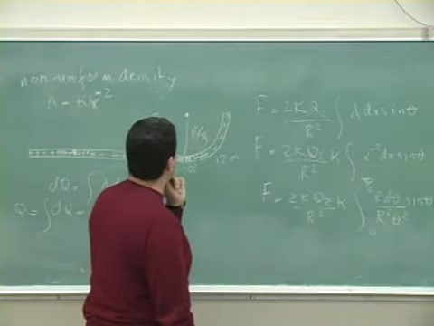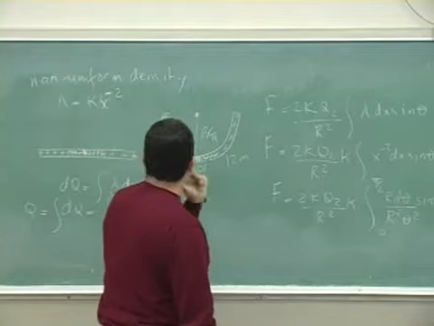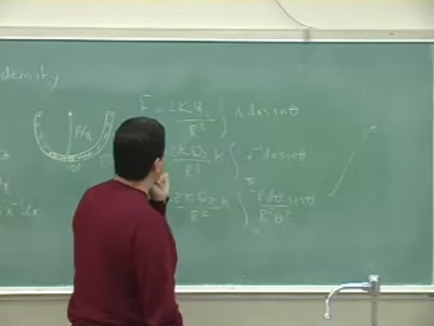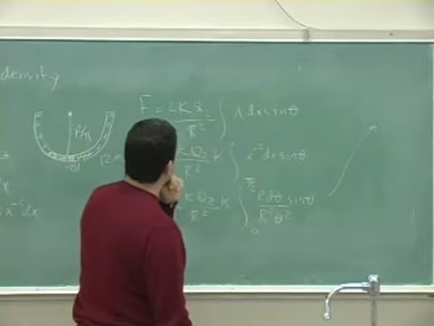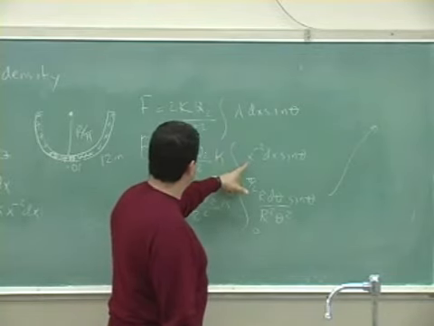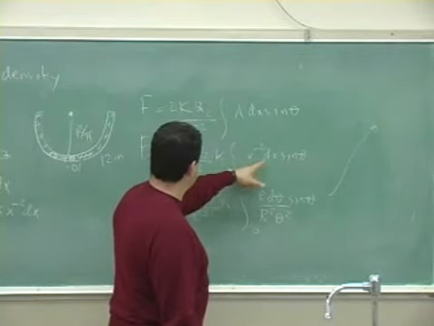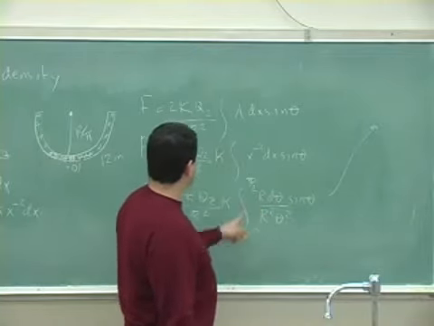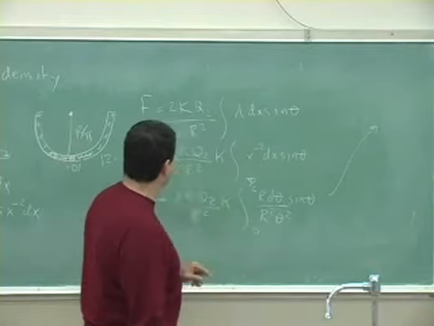Our logic was right. 2K Q2 over R squared. You've got lambda dx sine theta, where lambda is kappa x to the minus 2 kappa, dx is r d theta, and x is r theta.